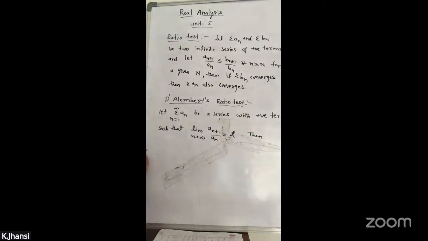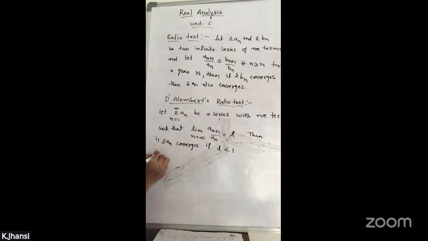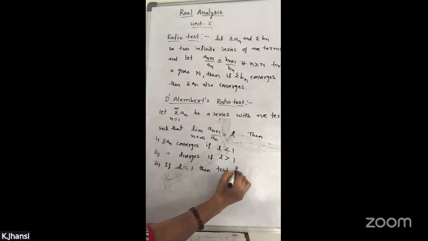Then first condition is that summation an converges if L is less than 1. Second, summation an diverges if L is greater than 1. Third condition is if L equals 1, then the test fails.